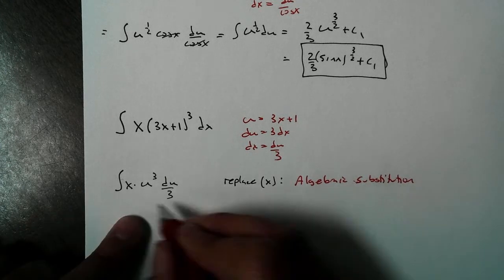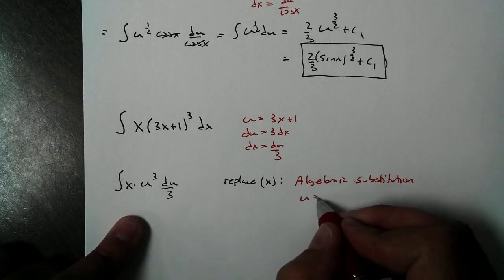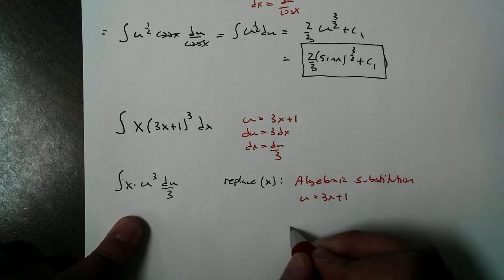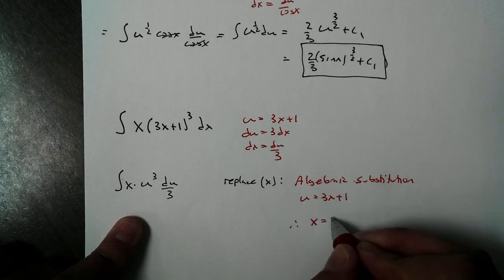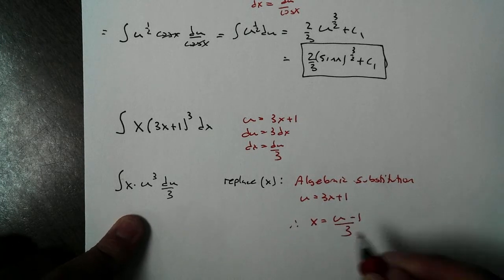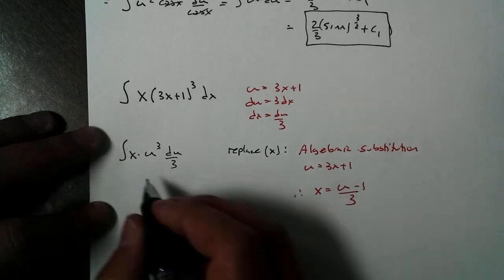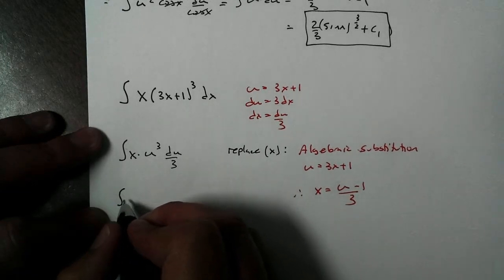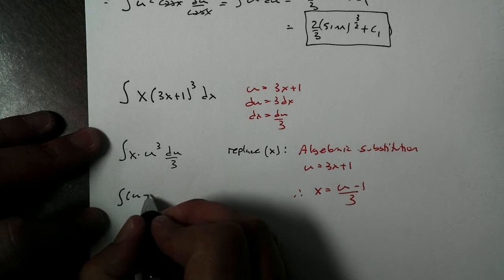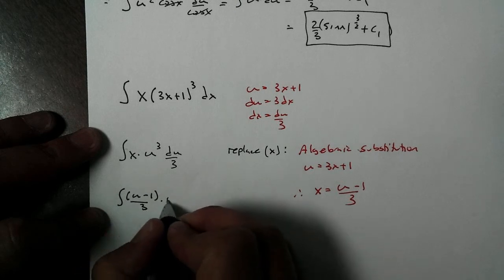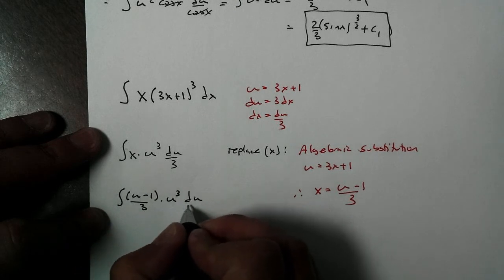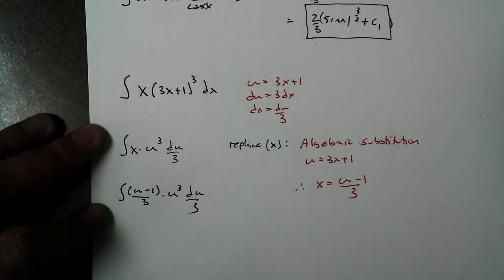And what I mean by that is I know that u is equal to 3x plus 1. Therefore, x can be written as u minus 1 over 3. And I can substitute that in. And we would get u minus 1 over 3, u cubed, du over 3.